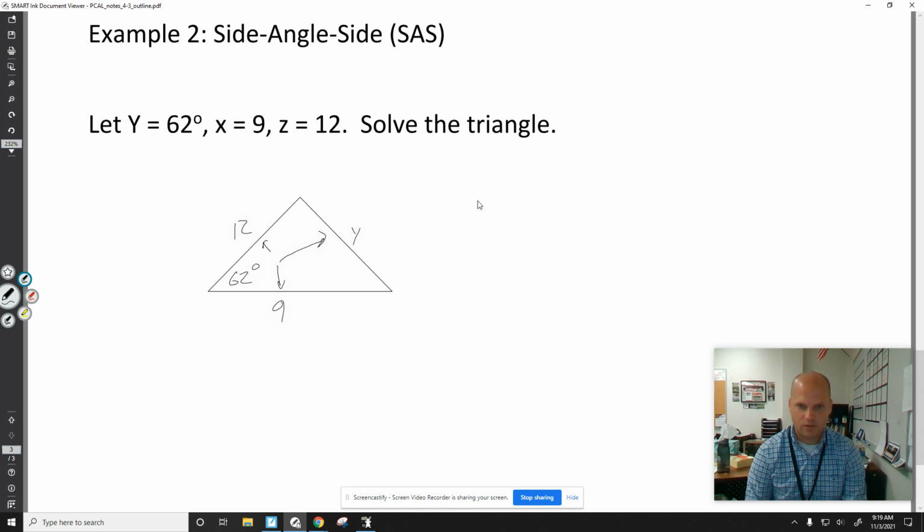With law of cosines, you set it up so your opposite side length is by itself. It really is just a squared plus b squared equals c squared, with a little bit extra because it's an oblique triangle. So 12 squared plus 9 squared minus 2 times 12 times 9 times the cosine of my angle, 62 degrees. This is going to be easy.